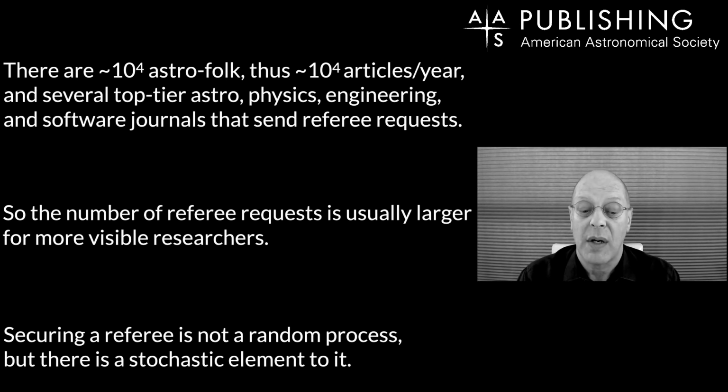And so the number of referee requests is usually larger for more visible researchers. So if you're publishing 10 papers a year, odds on you're going to see more referee requests than somebody who publishes once every 2 years or so, in general. And so you just might be too busy if you're publishing 10 a year to handle every referee request. You should handle a couple. We're going to come to that.